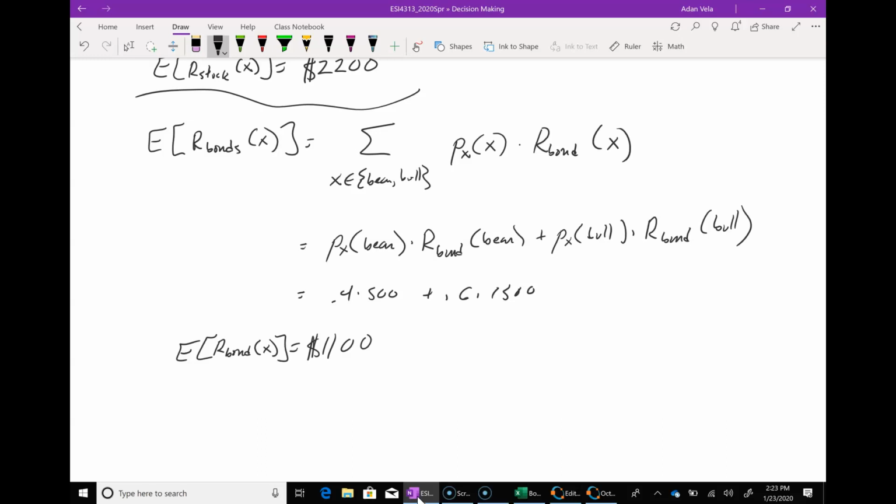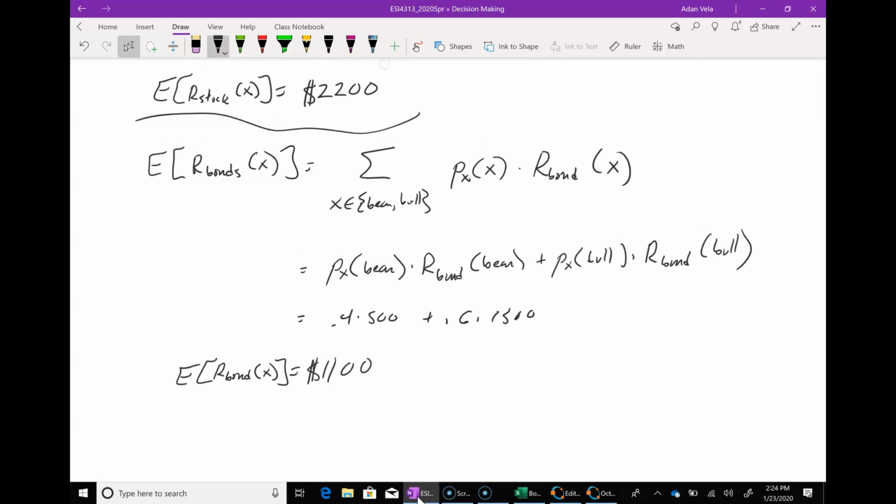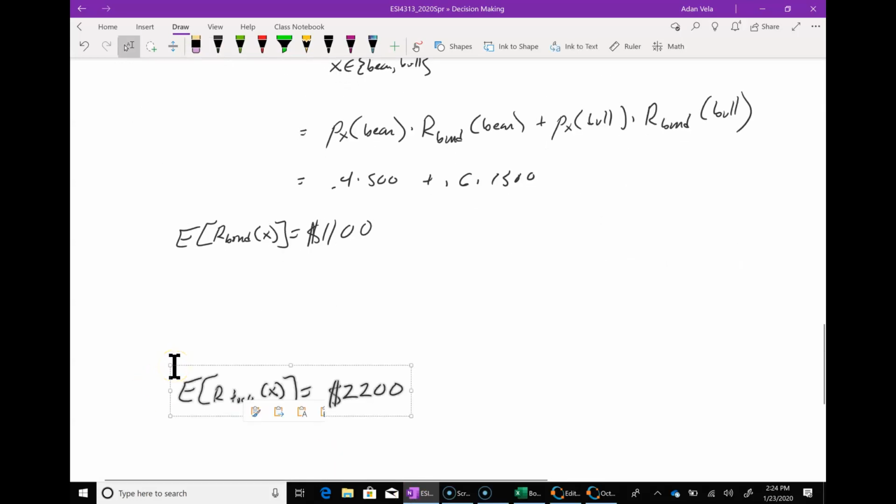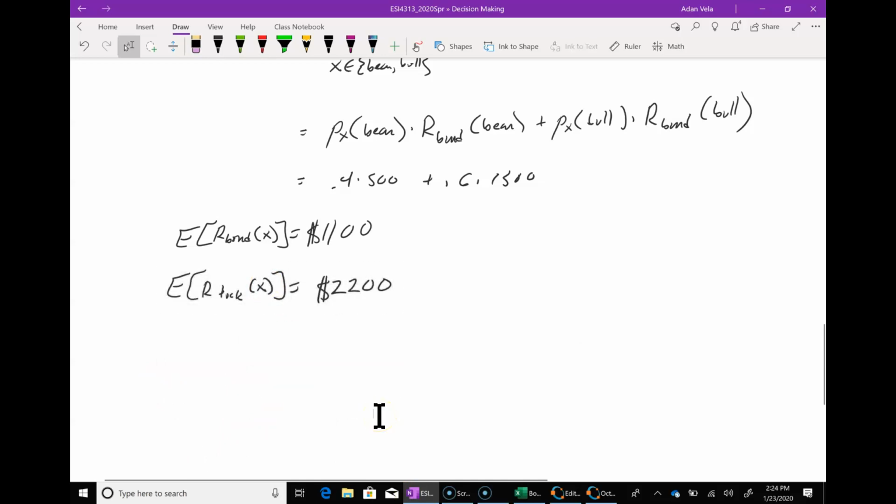Okay, so what did we do here? We said, let's make a decision about whether we invest in stocks or bonds, and calculate what is our expected return on investment, let's say 6 months from now, and we're going to see which one's bigger. So in the case of stocks, we expect to make $2,200.